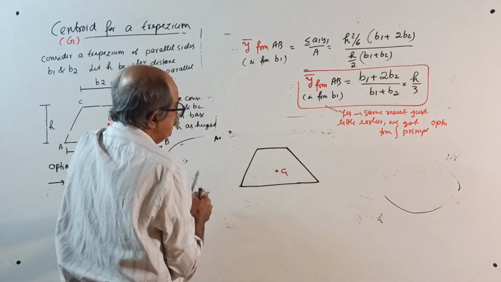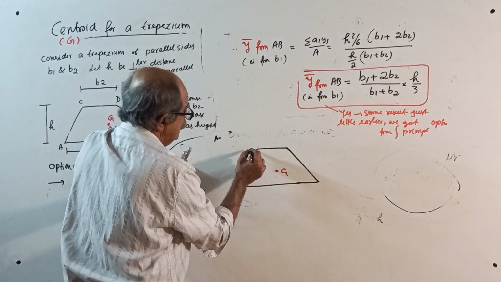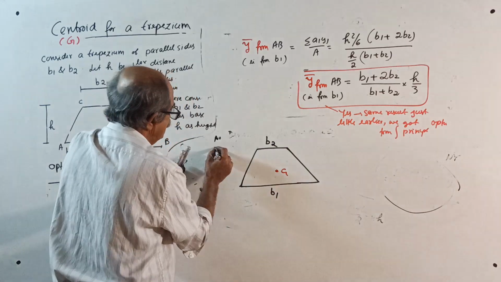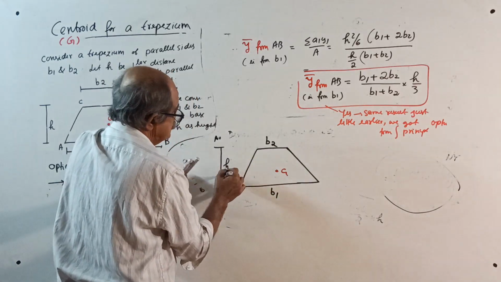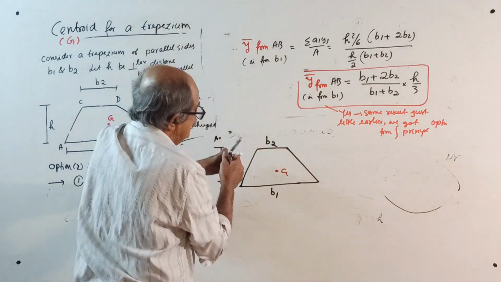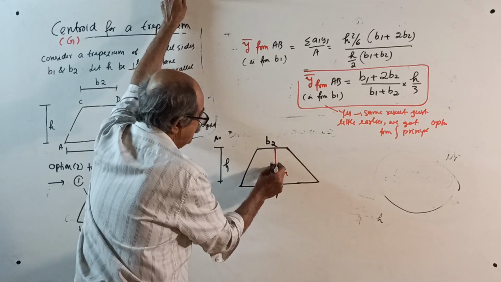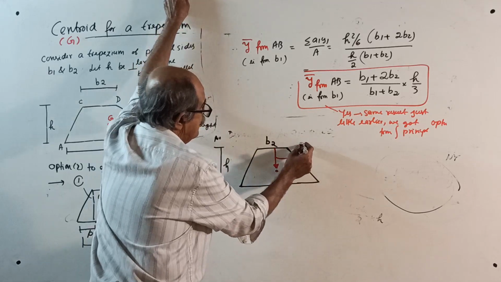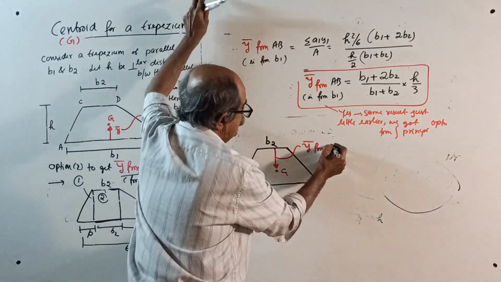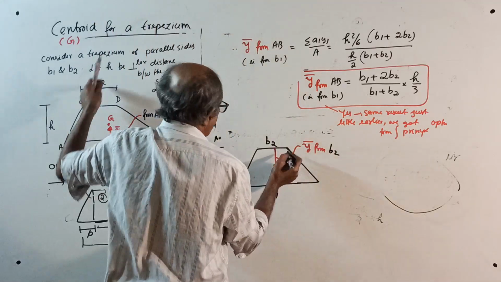Suppose you want y bar from B2, from here. This is B2, this is B1, this is H. Suppose you want this y bar from B2, from AB or from CD.